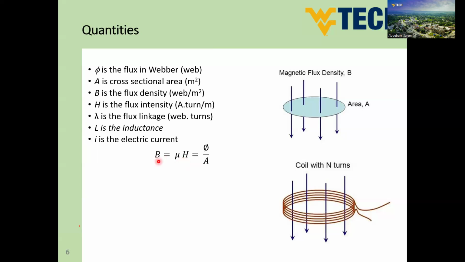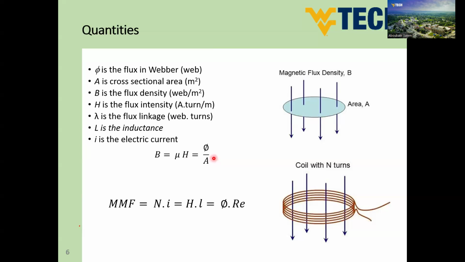So the relation is B equals mu times H. Mu is called the permeability of the magnetic material, okay? Phi is the magnetic flux lines, and A is the cross-section area.